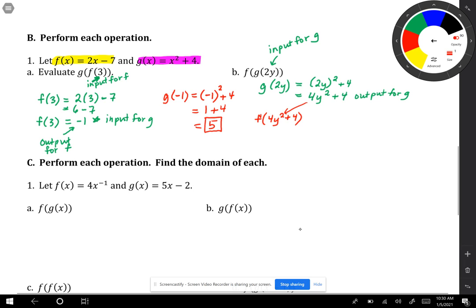So we have the 2 in front, and then you replace the x with 4y squared plus 4, minus 7. Distribute: 8y squared plus 8 minus 7, and we have 8y squared plus 1.